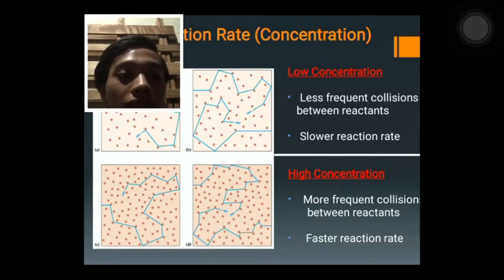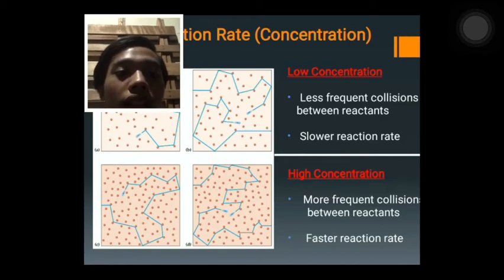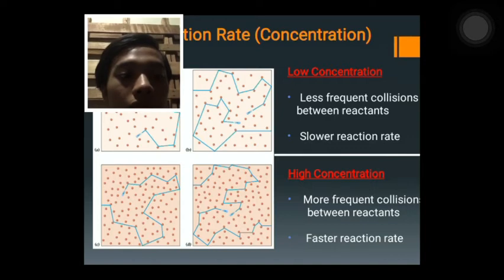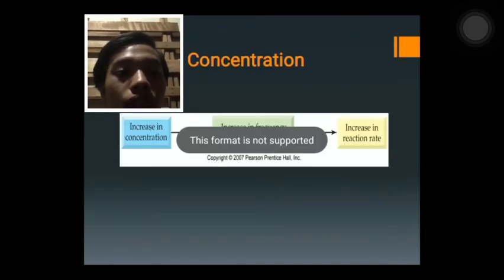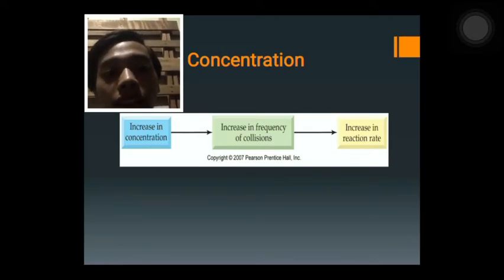On the left side is the diagram for low concentration and high concentration reaction rate. So increasing concentration increases the frequency of collision and increases the reaction rate.